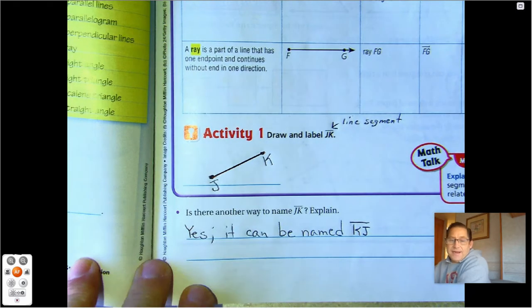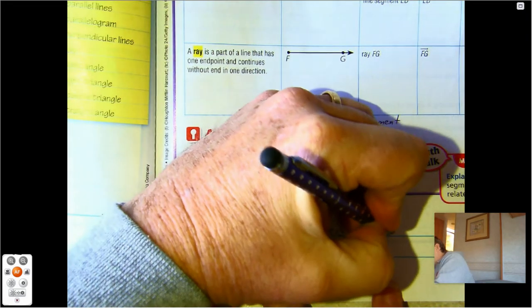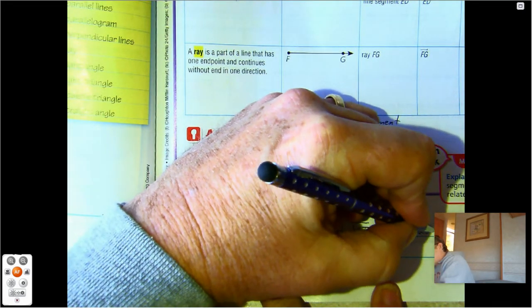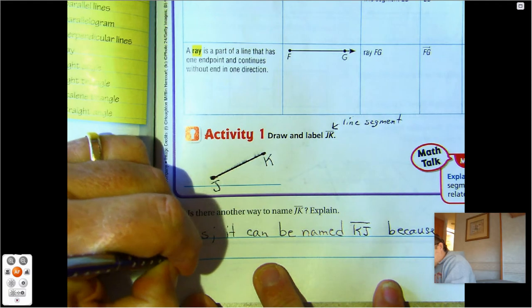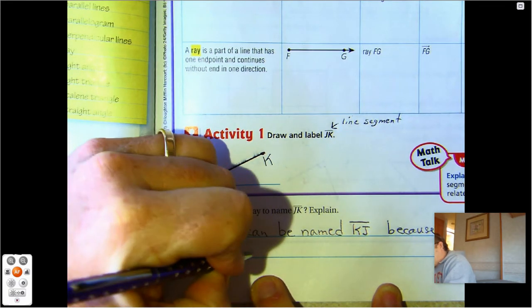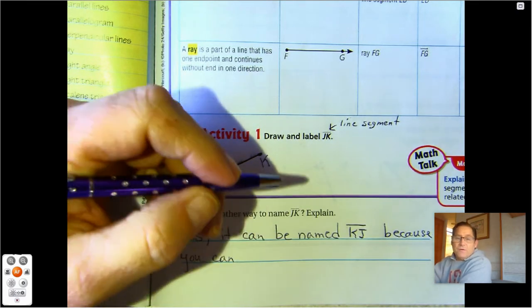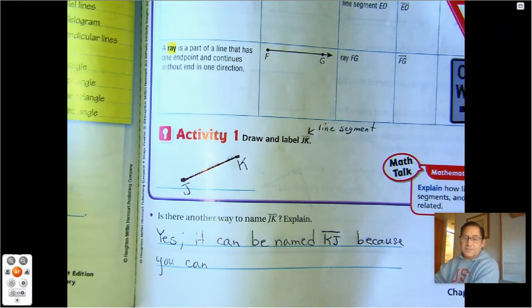It could be named line segment KJ, because you can name it with either endpoint first.